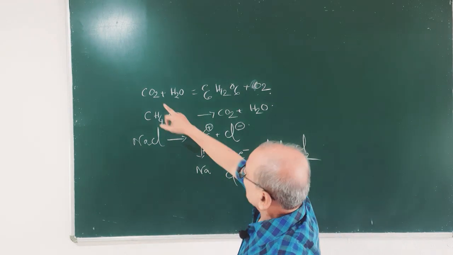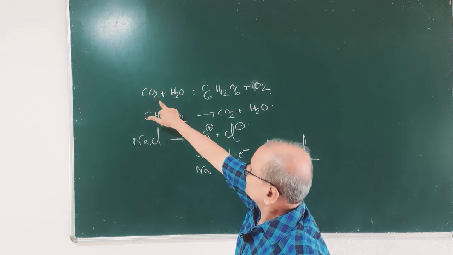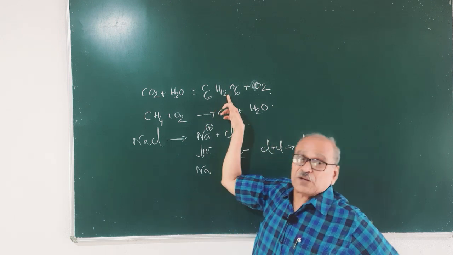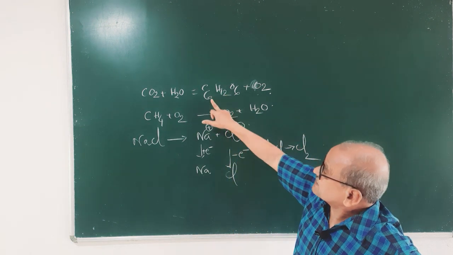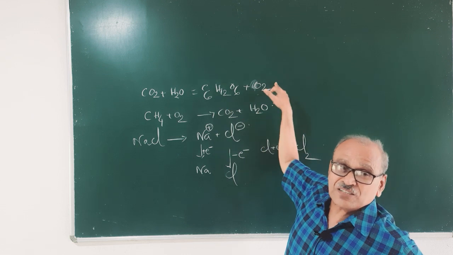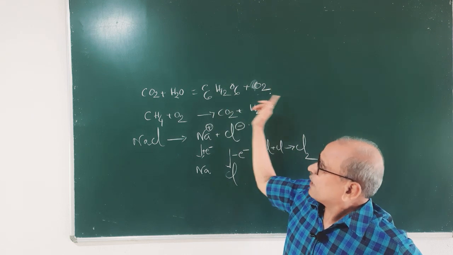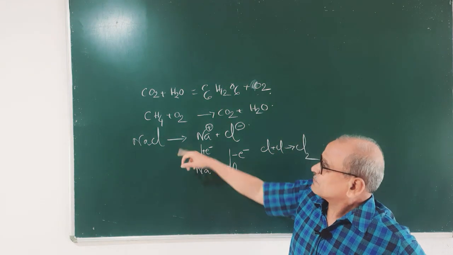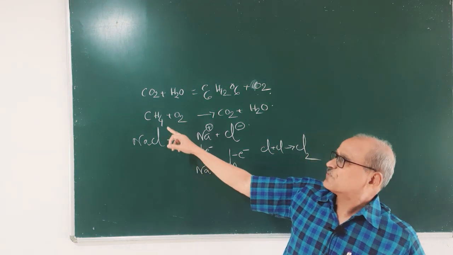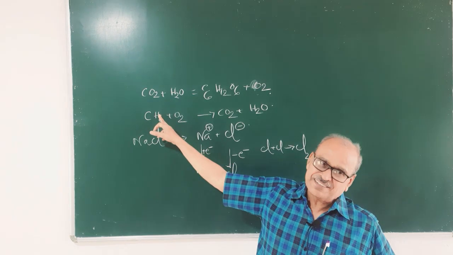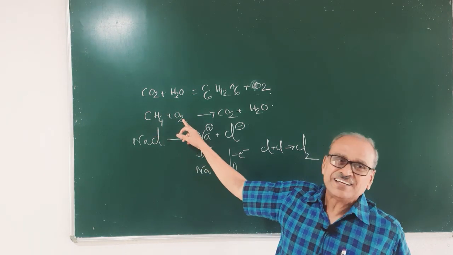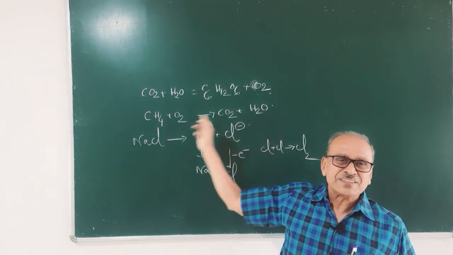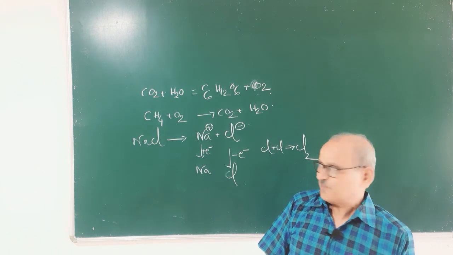Now, carbon dioxide is represented as CO2, water as H2O, a glucose molecule as C6H12O6 and oxygen as O2. All these things are in the molecular form. Similarly, in the second equation, this one is called marsh gas or methane and this is oxygen, and we are getting carbon dioxide and water. Now, these are also in molecular form.